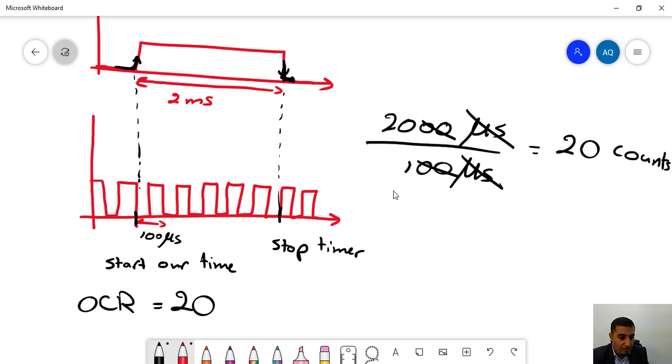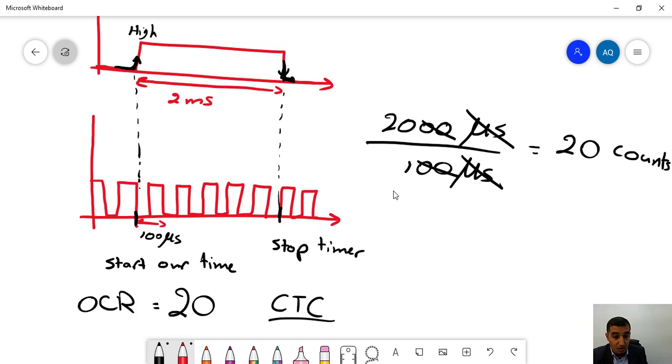I will start my timer over here and put the pin output to high. I will continue counting. Once the compare match, the CTC happens, and I get a compare match of 20, I'm counting to 20.